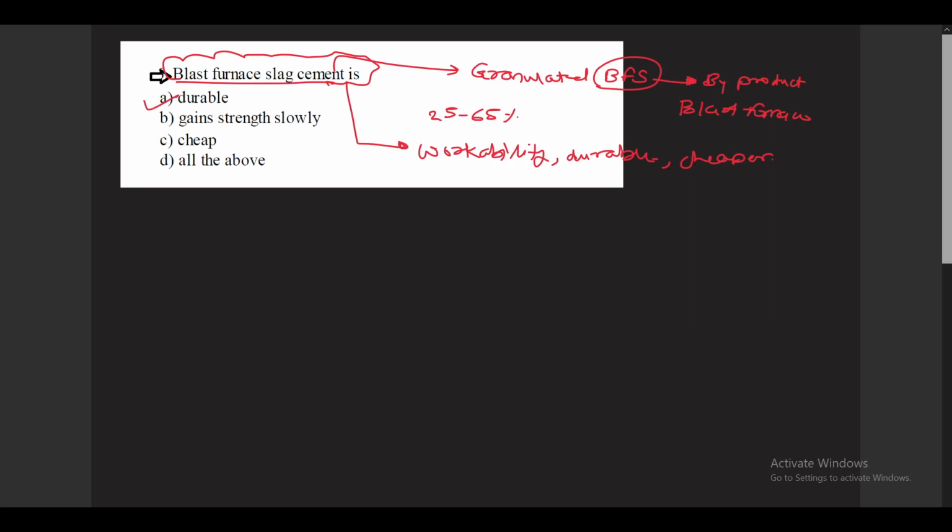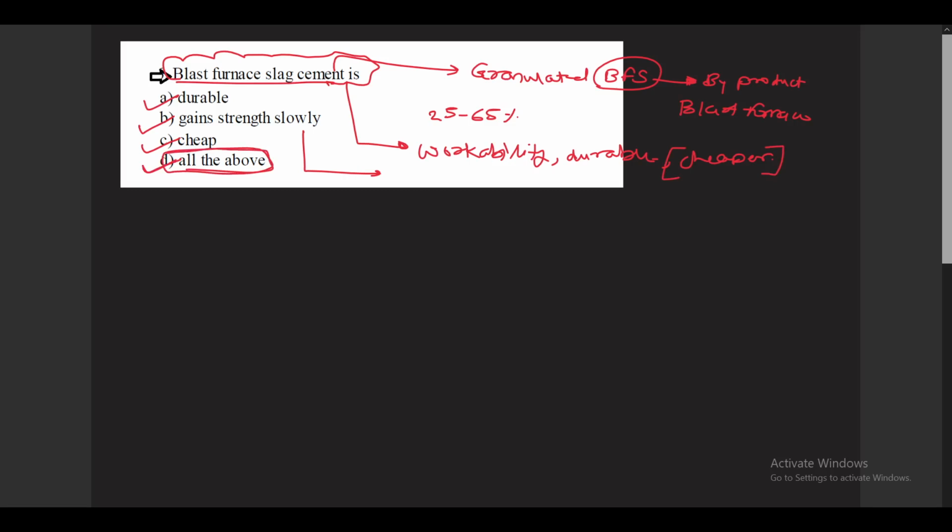The next is gains strength slowly, also correct, since it gains strength slowly, meaning less heat of hydration. Option C is cheap, correct, as it is a byproduct. So the correct option here is D, all of the above.